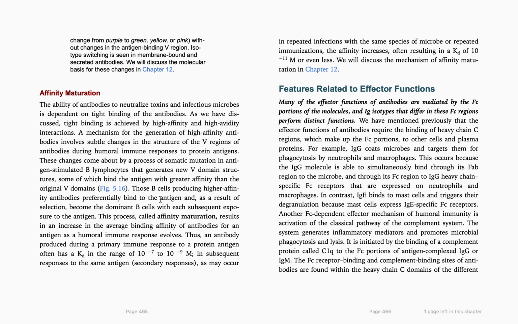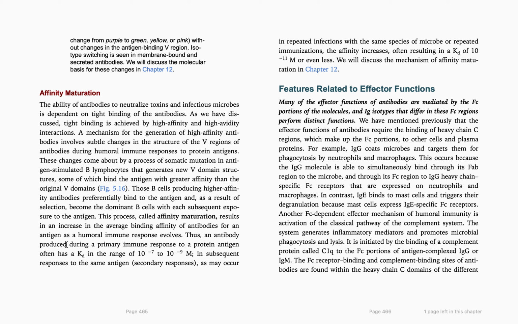Those B cells producing higher affinity antibody preferentially bind to the antigen, and as a result of selection become the dominant B cell with each subsequent exposure to antigen. This process is called affinity maturation. The result is an increase in average binding affinity of antibody for antigen as humoral immune responses evolve.